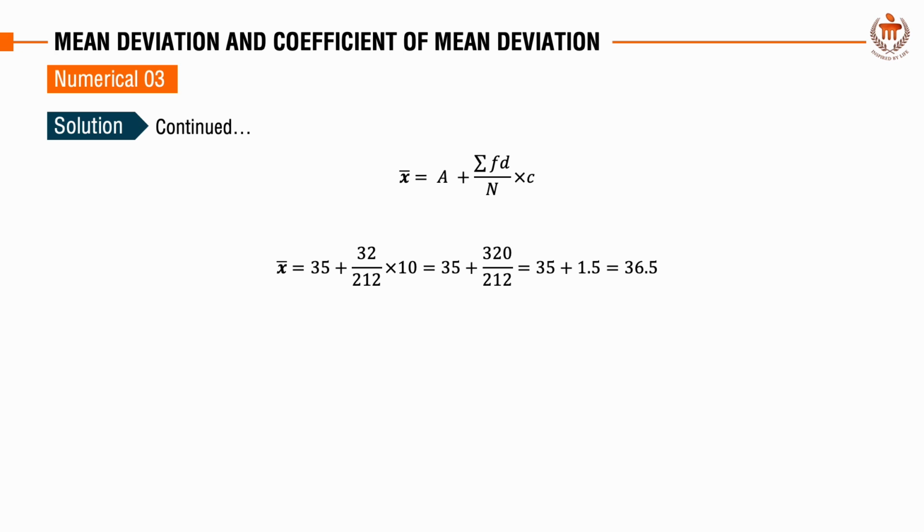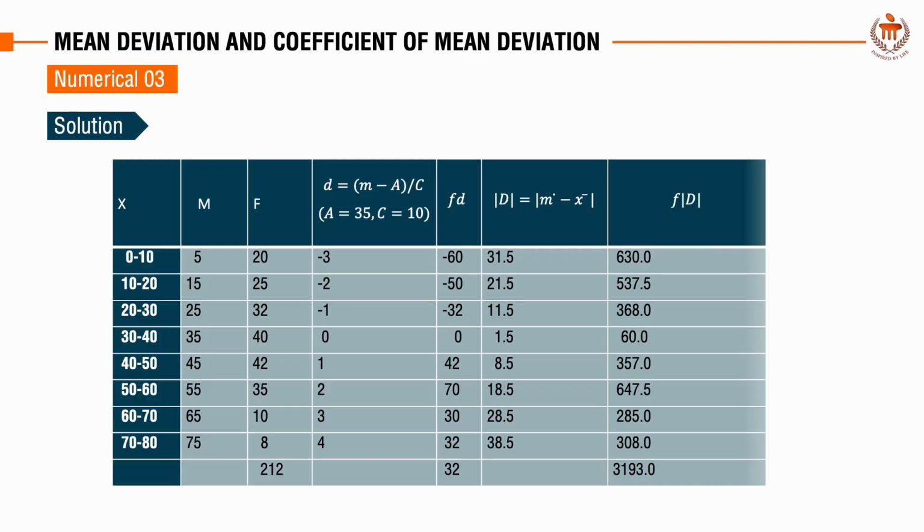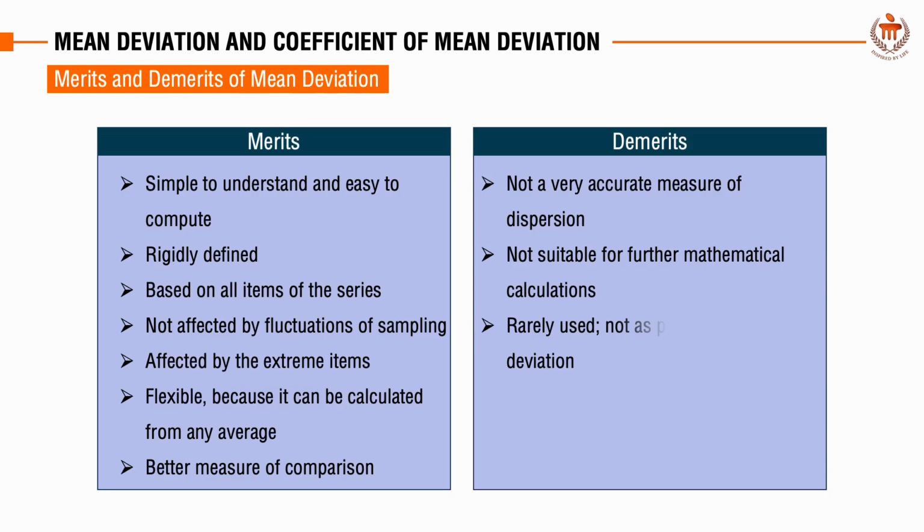Once I get the mean as 36.5, I can find the difference of each value from the mean. The difference of each m value from the arithmetic mean, I consider the modulus of that, and then it is multiplied with the frequency. Then we get the sum of f into modulus of d as 3193.